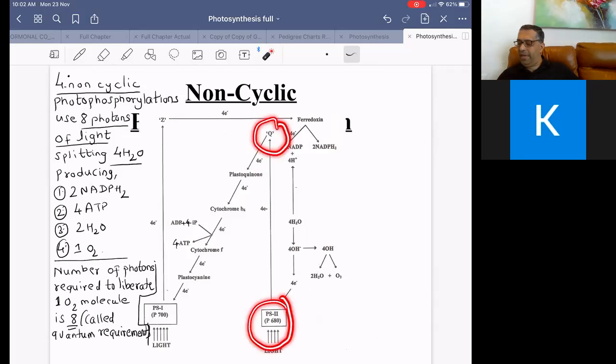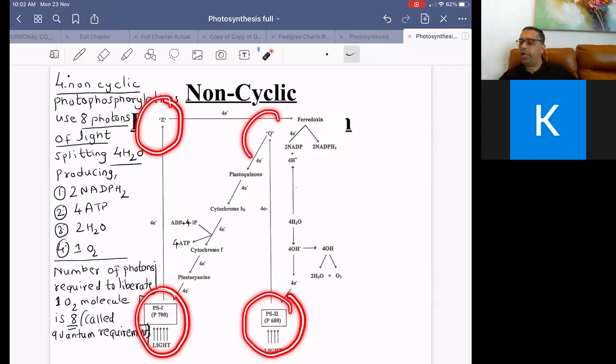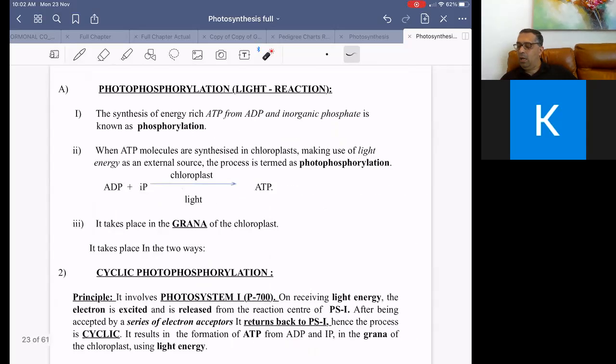Here we can see both. PS1's electron acceptor is the Z molecule, PS2's electron acceptor is the Q molecule.